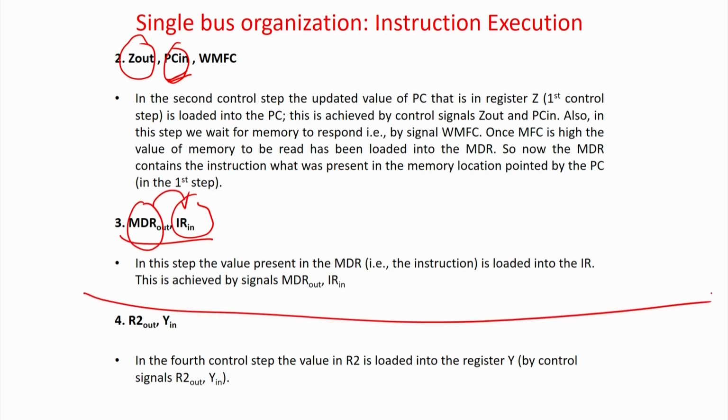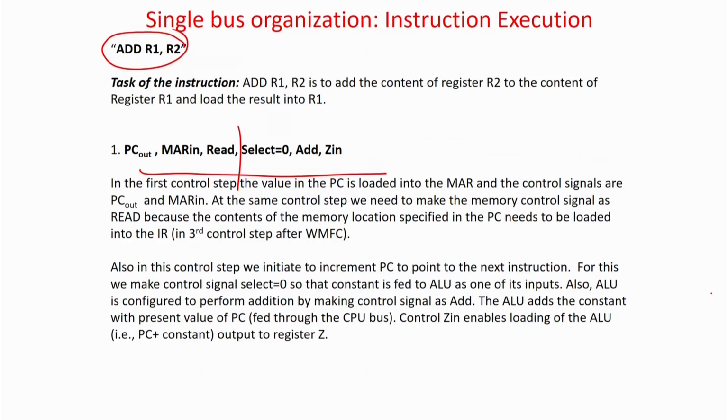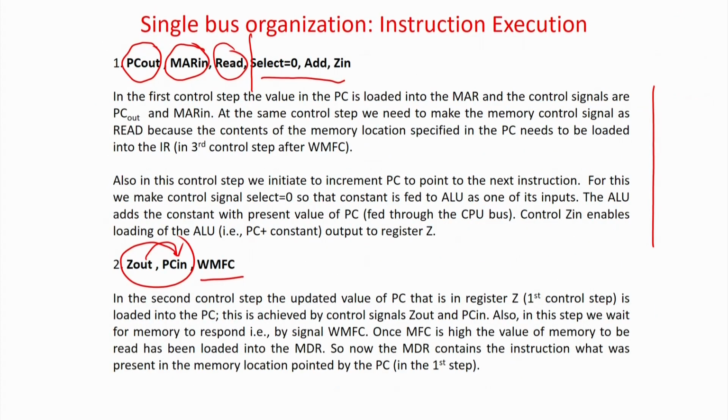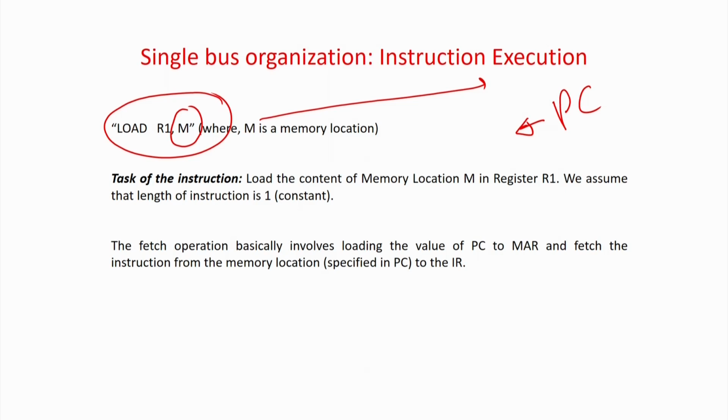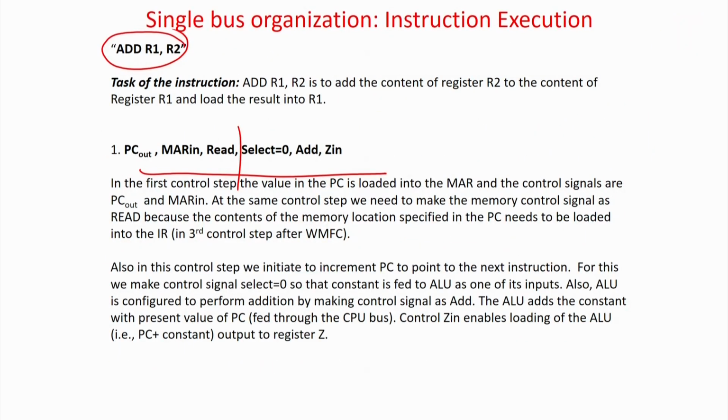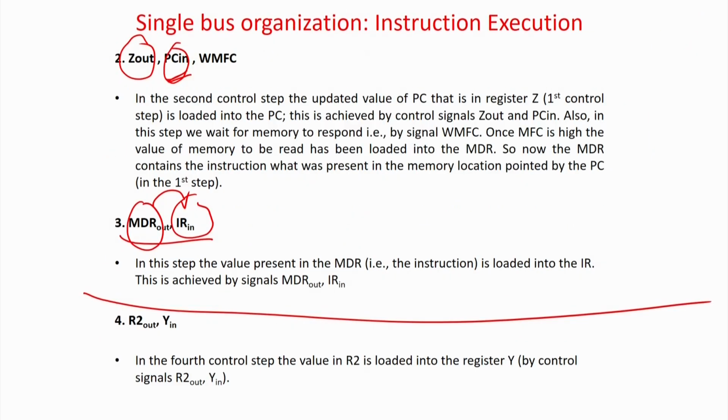These 3 stages correspond to any instruction fetch, whether it is add R1 R2 or load R1 M. The first 3 stages will remain constant for everything. From here, based on the addressing mode and the instruction type, things will start changing. So, this all corresponds to fetch, with no changes compared to the previous case.